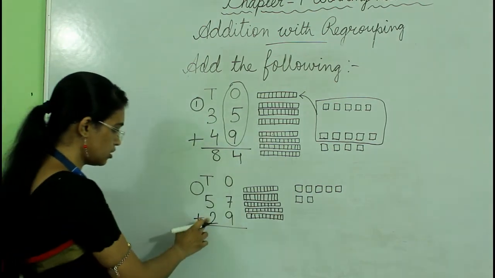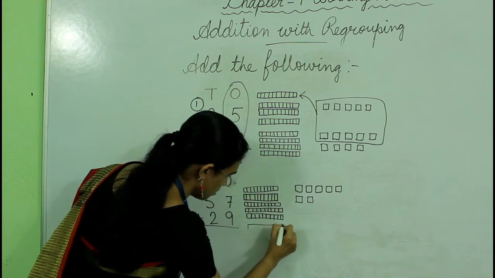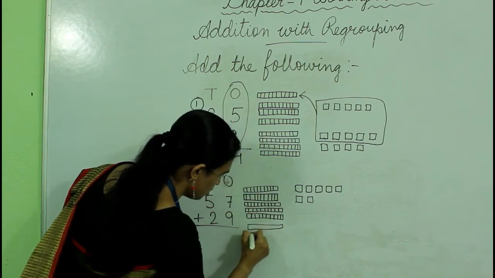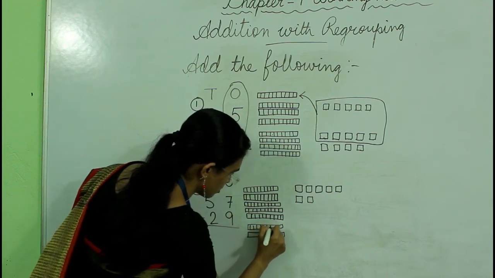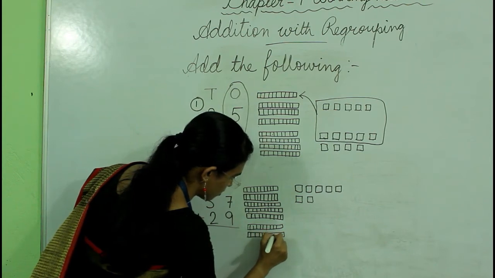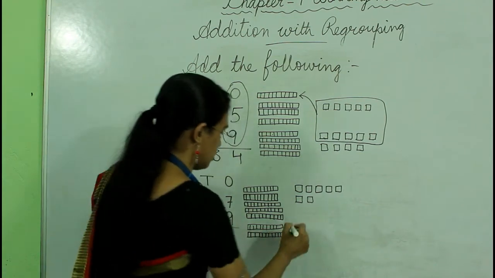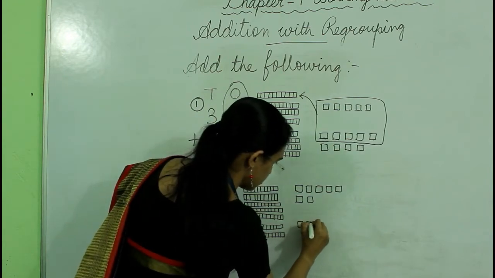Now next digit 2. 2 groups, each with 10 blocks. And here 9 separate blocks.